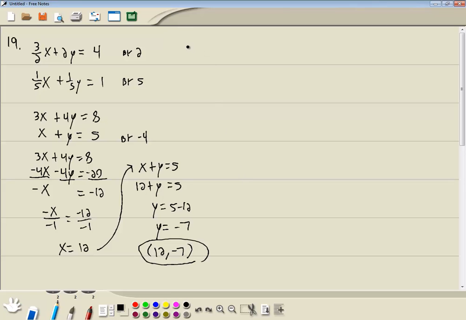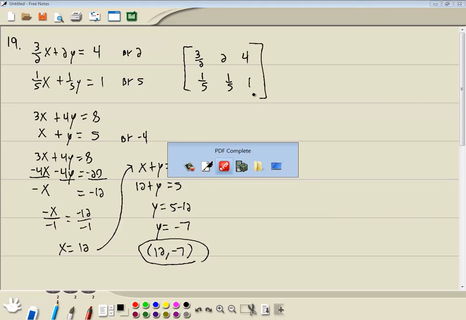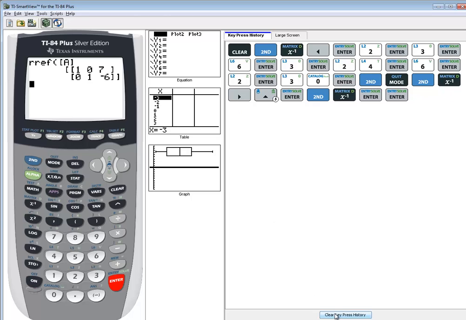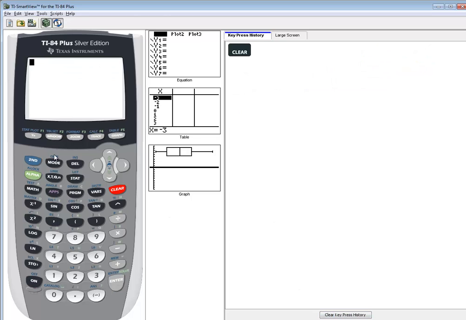Now on the calculator. Calculator doesn't care that we have fractions, so we'll have 3 halves, 2, and 4, and we'll have 1/5, 1/5, and 1. Still a 2 by 3. So we'll go ahead and put that in. I'm going to do second x to negative 1.